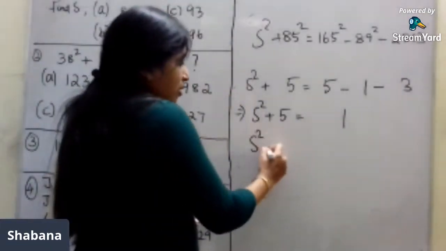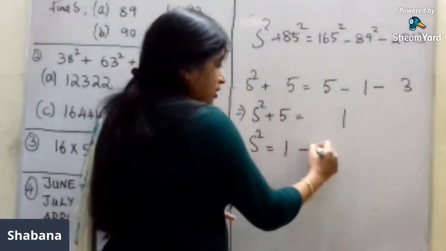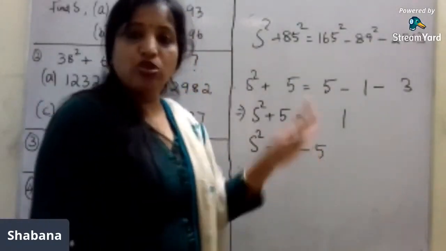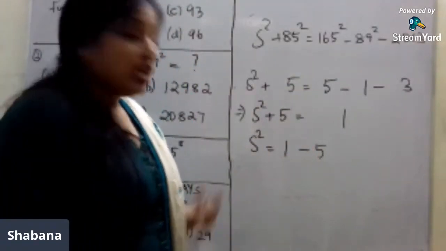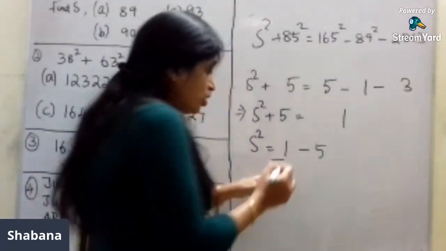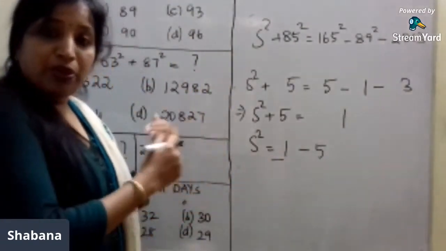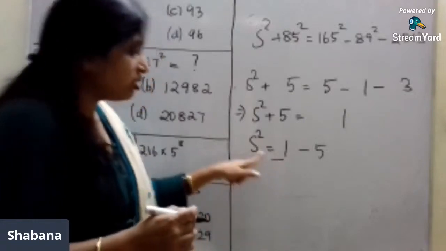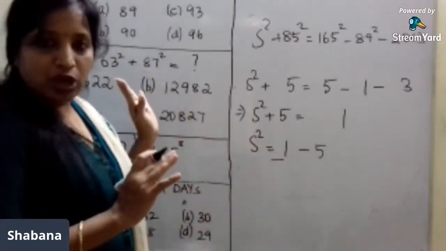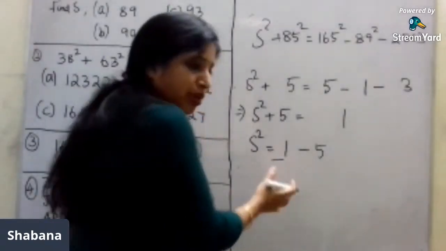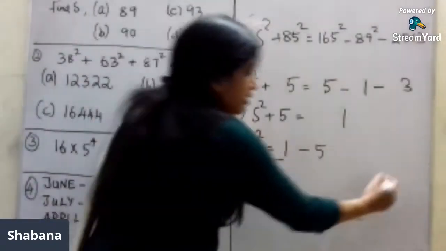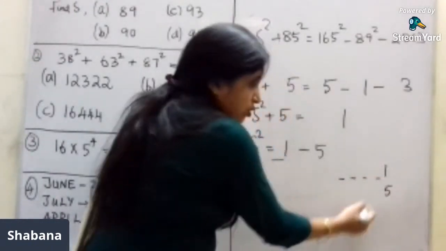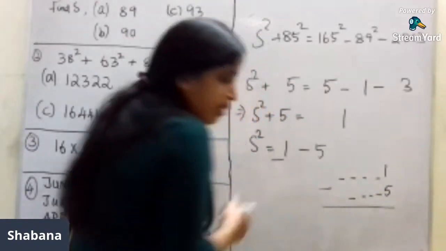So s square will be, taking the 5 to the other side, 1 minus 5. See here, it's very, very important. It is not that 1 minus 5 is minus 4. No, it's not that way. Remember, this number definitely has digits before it. This is my ones digit, so I'm going to definitely have tens, hundreds, thousands, 10,000 digits, maybe even beyond that. I do not know what number it is, but imagine there is some number in your units place and some numbers before it.